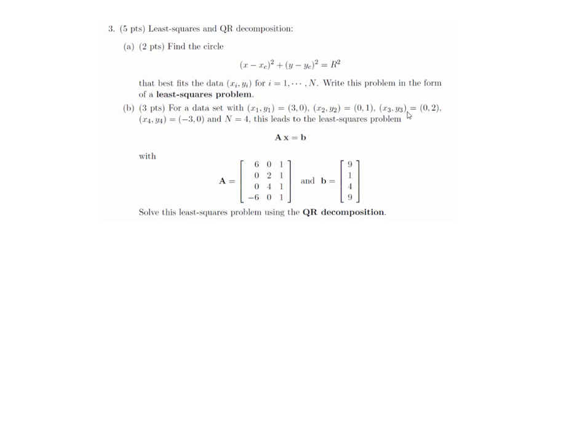And to help you, if you have not been able to solve the first part of the question, we tell you that this leads to a least squares problem Ax is equal to b, with A given over here and b given over here, and you have to solve this problem using the QR decomposition.